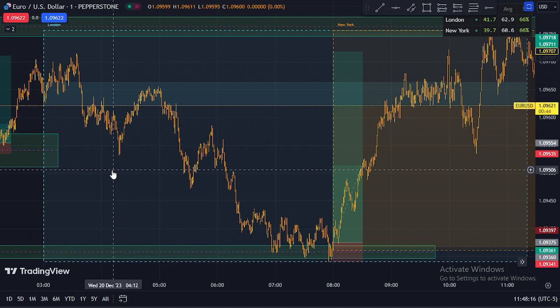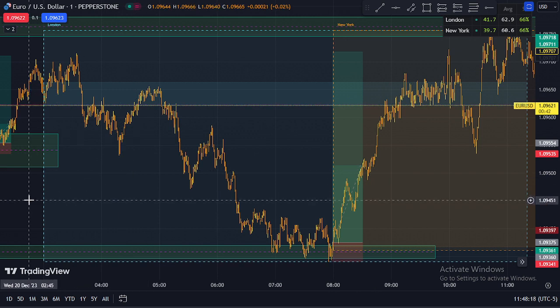As you can see, it has always been time and then price. You just wait for time, and then you execute your trade based on what you see on the chart at that particular time.